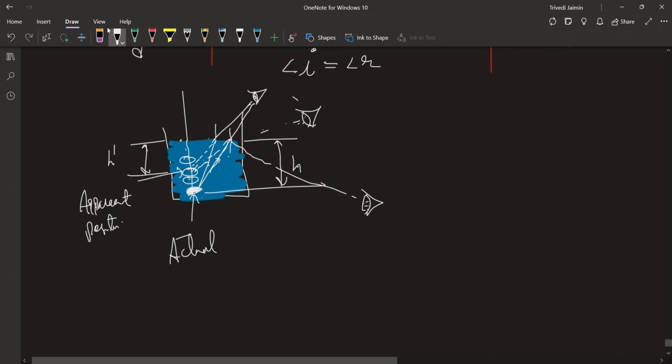If you're looking from this point, at this particular angle, more than 90 degrees, then tell me, will it be visible or not?